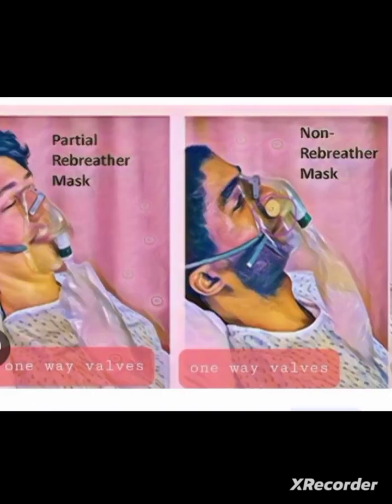Next one, partial rebreather mask and non-rebreather mask. When you observe these masks, they are similar, but the only difference is that the non-rebreather mask has a valve. The partial rebreather mask is lightweight and easy to wear, and the reservoir bag conserves oxygen here, so it is helpful for high flow oxygen therapy.